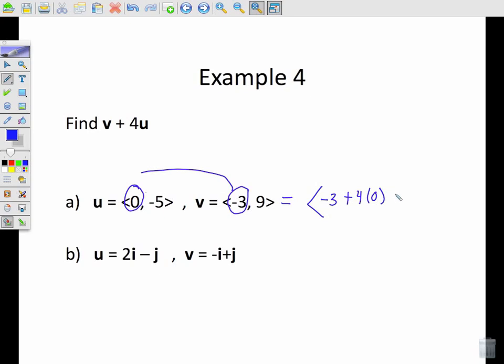You just pair up the component parts, and then it's 9 plus 4 times negative 5. So my result is negative 3, comma, negative 11. That's your final answer.